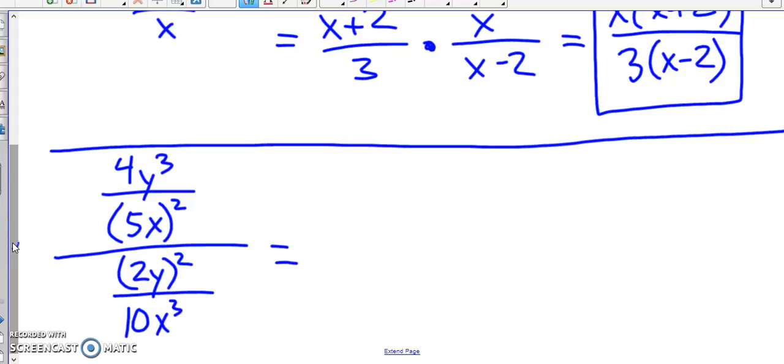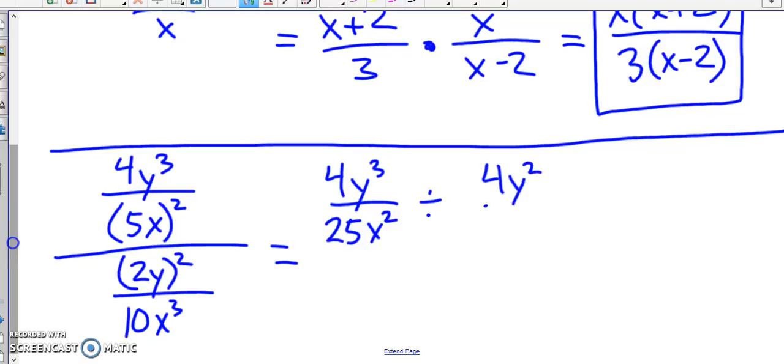If we rewrite this as a division problem, this would be 4y cubed over, now when I square out this denominator, since it's all multiplication, I can square the 5 and square the x. So that'd be 25x squared divided by 2 squared and y squared would make 4y squared over 10x cubed.